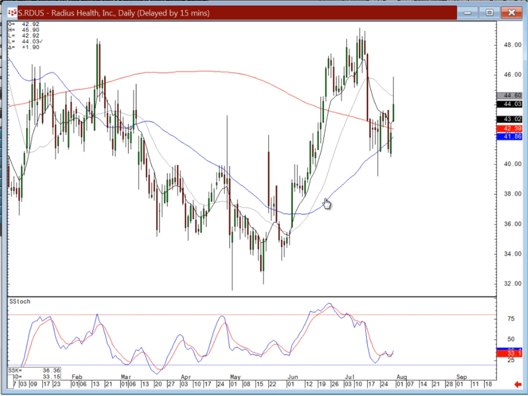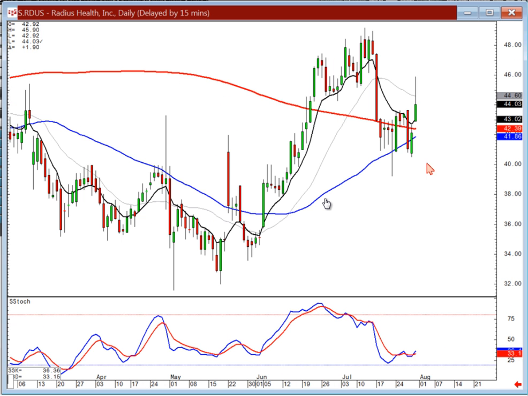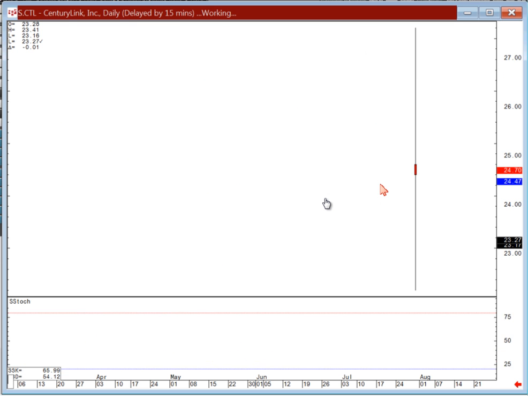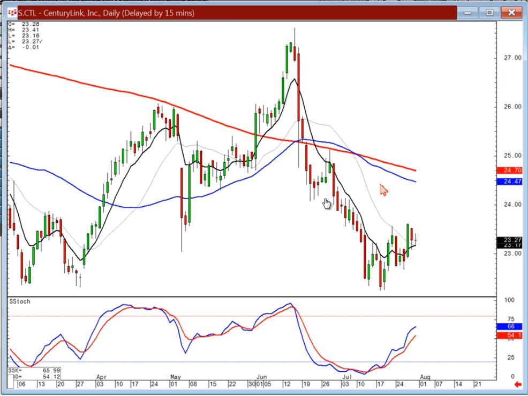Radius, let's make this bigger. This one has to open positive. It's not a great reversal, but it's bouncing off the 50. It has to open positive tomorrow to stay in it. And CTL, another one that if you're in it, it has to open positive.